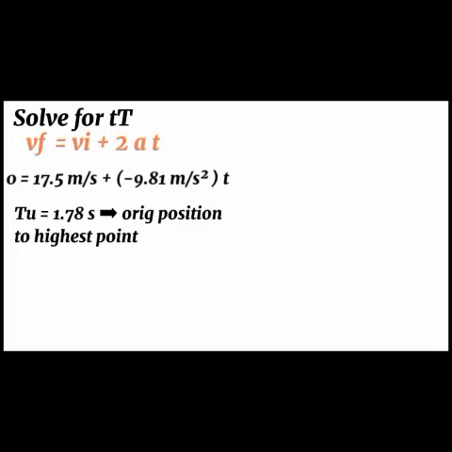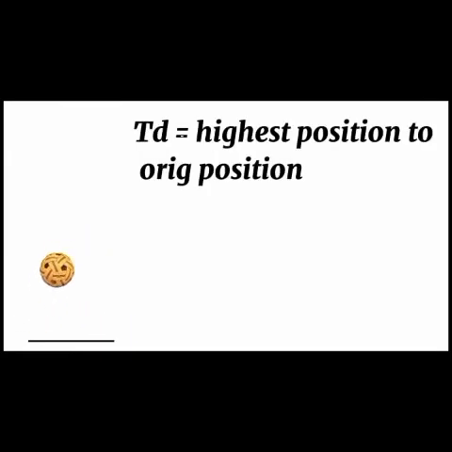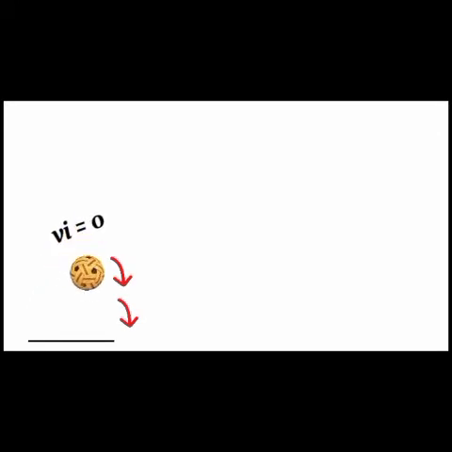Ngayon, sa time downward natin, gagamitin rin natin yung formula na to. So, bali, sa time downward naman, highest position to original position. So, ito yung i-consider natin. Bali, mababaliktad yung given natin. Kaya ito na yung magiging VI natin.